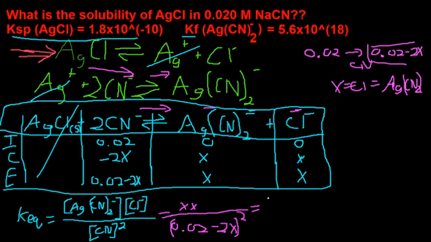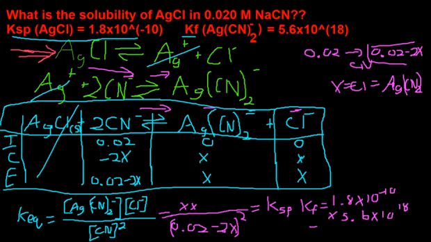We just go KEQ equals KSP times KF, which is 1.8 times 10 to the negative 10 multiplied by 5.6 times 10 to the power of 18.